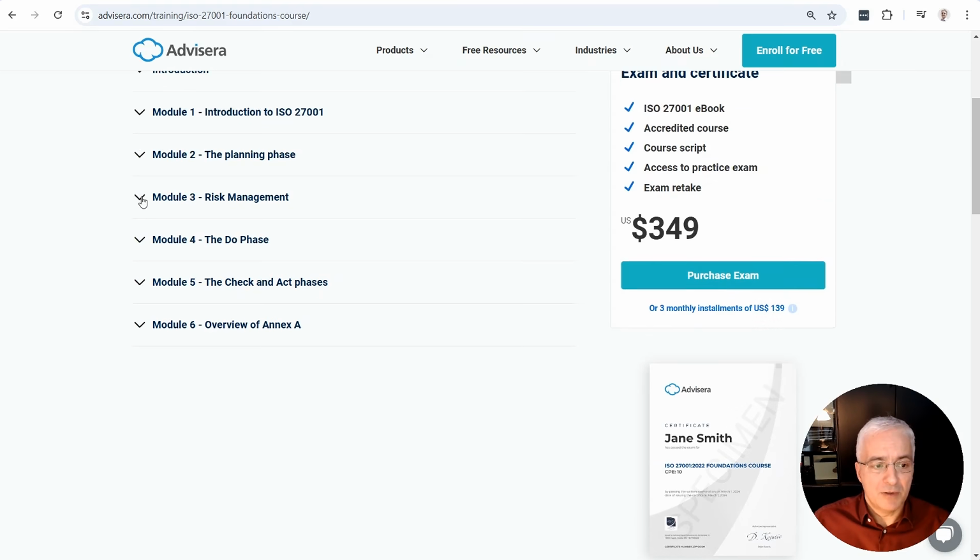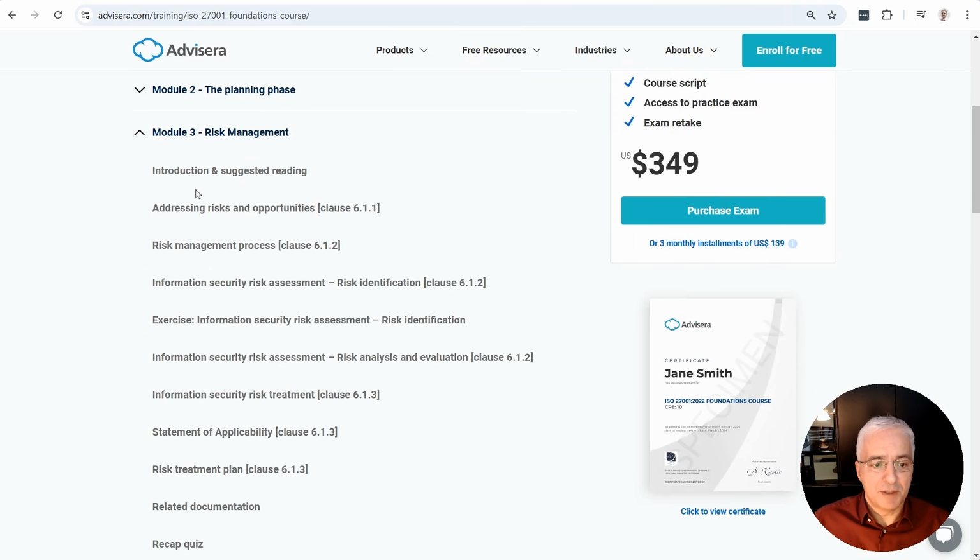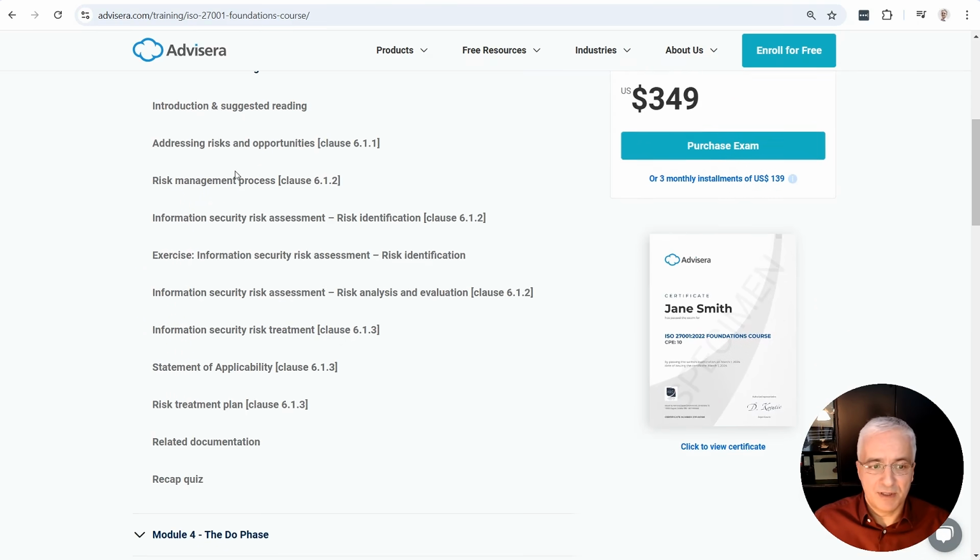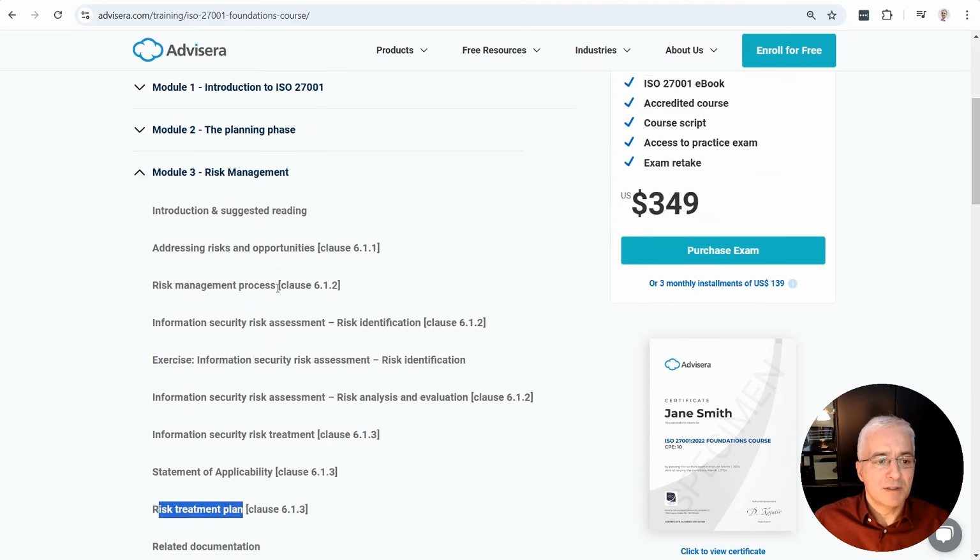Then module 3 is about risk management. This is mainly clause 6. So risks and opportunities, risk management process, risk identification, also an exercise about risk identification, which is basically an online exercise. Risk analysis and evaluation, information security risk treatment, statement of applicability, risk treatment plan, and this is it.